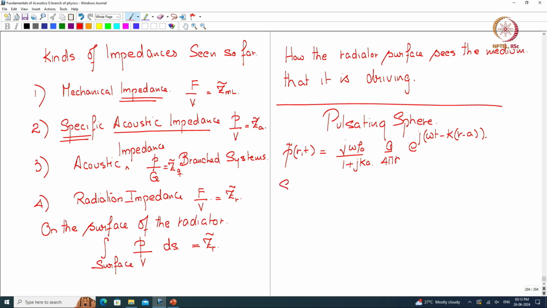And the surface velocity, it's a pulsating sphere, so it is u0 e to the power j omega t.